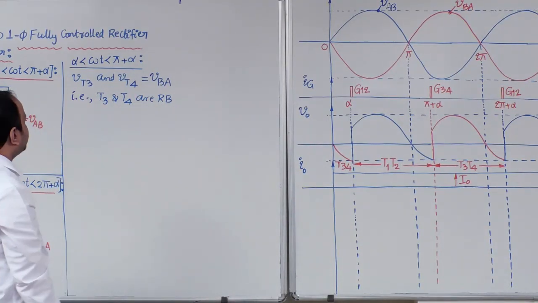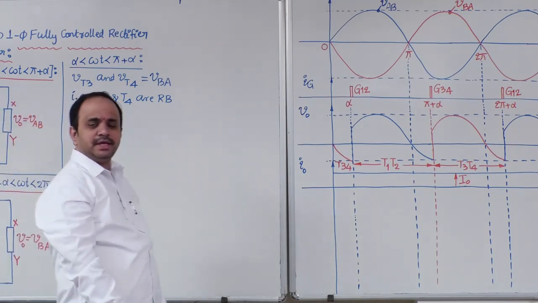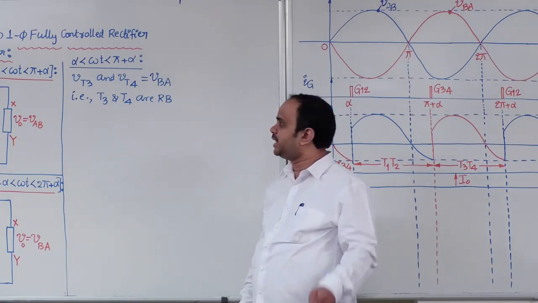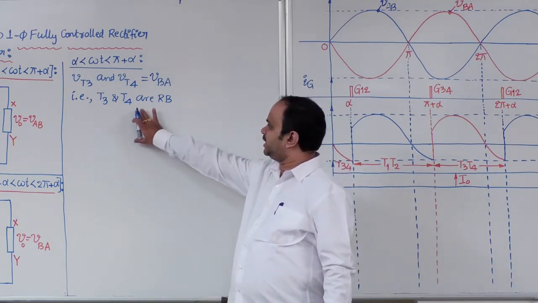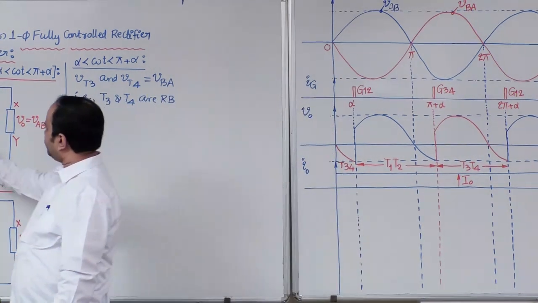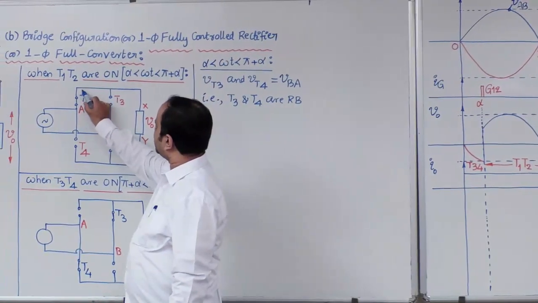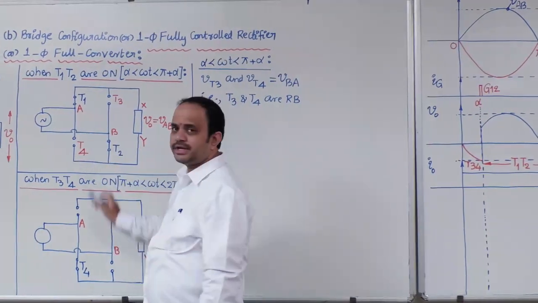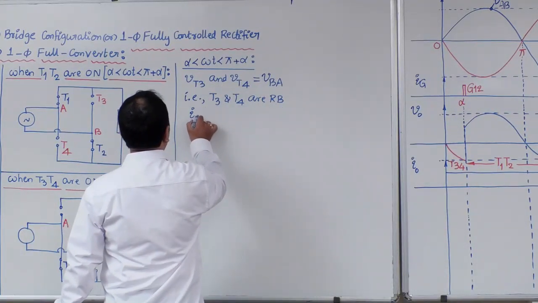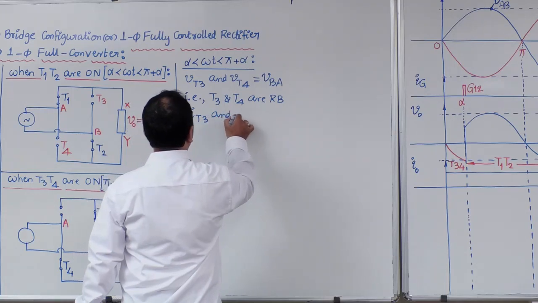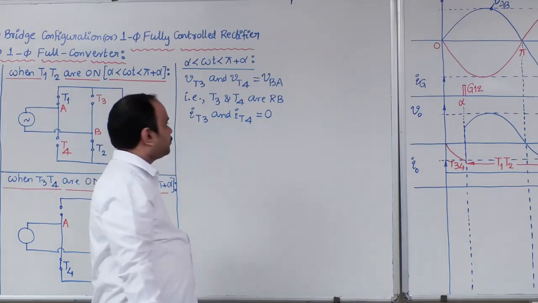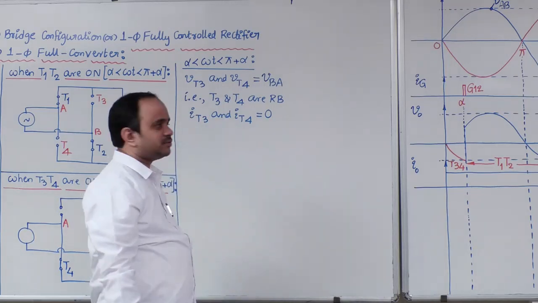So the basic idea is, in this bridge rectifier, whenever one pair, that is the T1 T2 pair, is triggered, immediately the T3 T4 pair is reverse biased. Next, if you see in the circuit diagram, total load current will flow through the T1 T2 pair only. Therefore, we can say the current flowing through T3 and T4 is equal to 0.